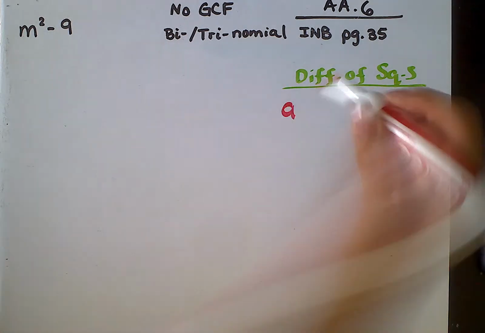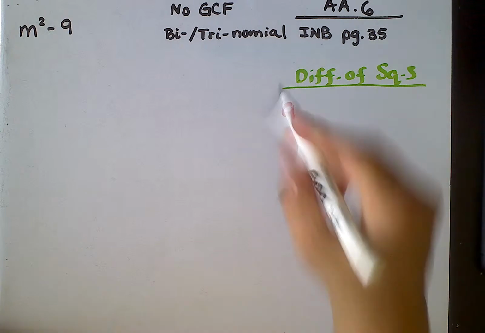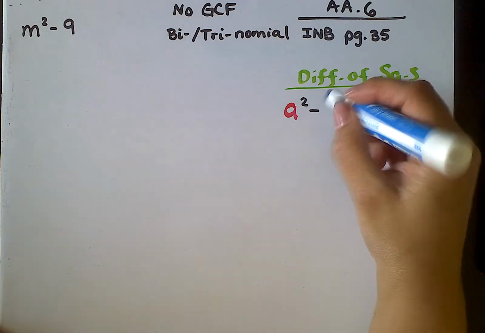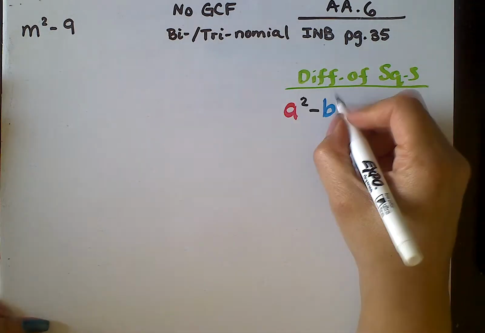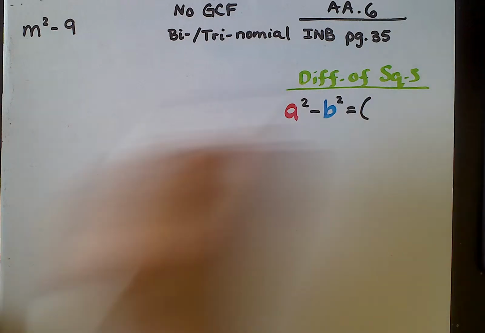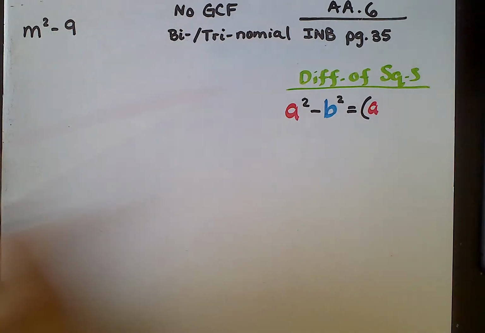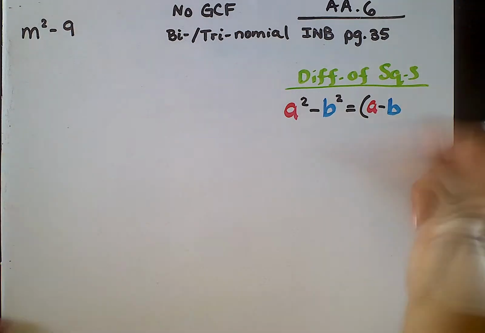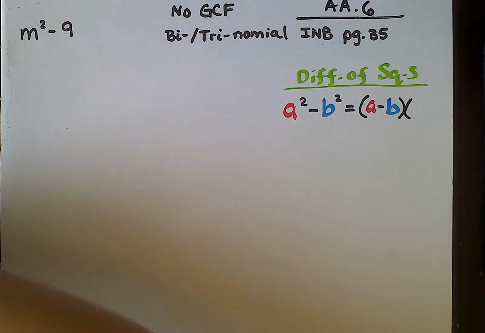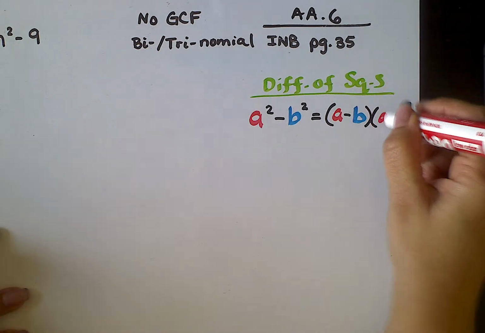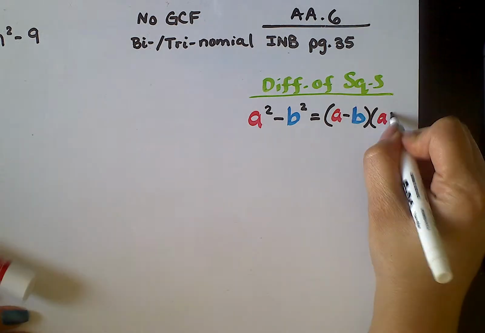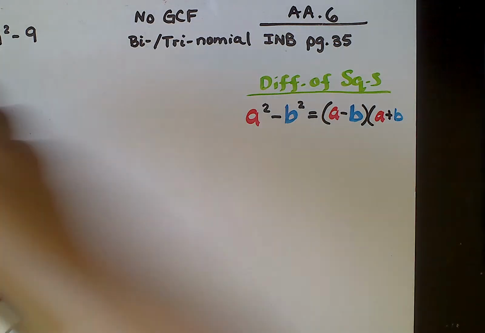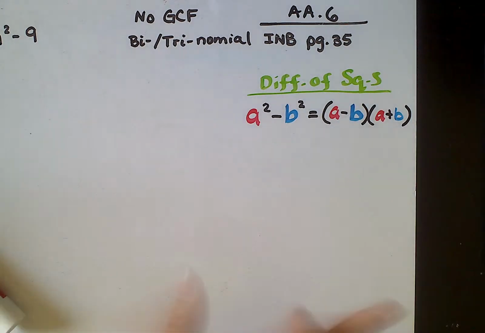So that says that I'm going to have a squared minus, which is the difference, b squared is equal to a minus b and, let's hope this fits, a plus b. This is what sucks about having these fat markers, but you know me, I need color.